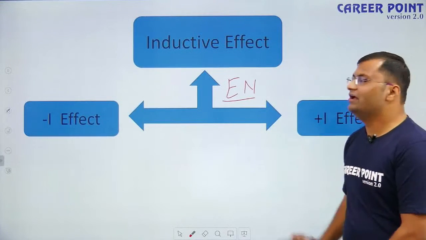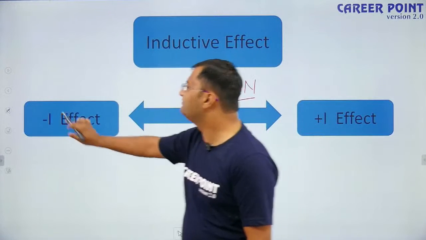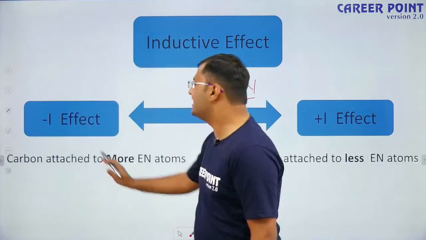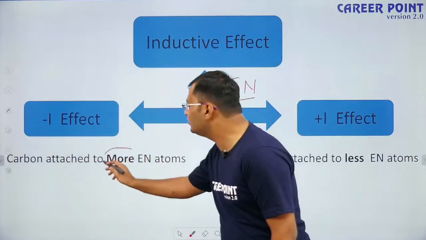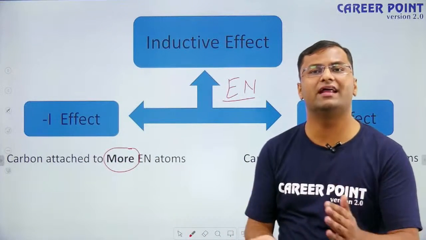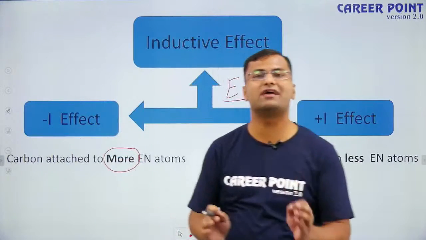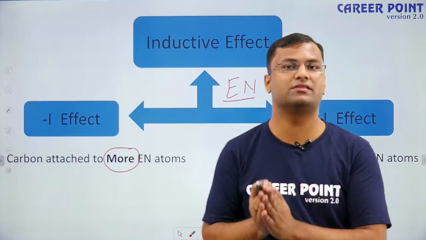Clear? Now what we have studied earlier: the minus I effect takes place when a carbon or alkyl group is attached to a more electronegative atom. Clear?